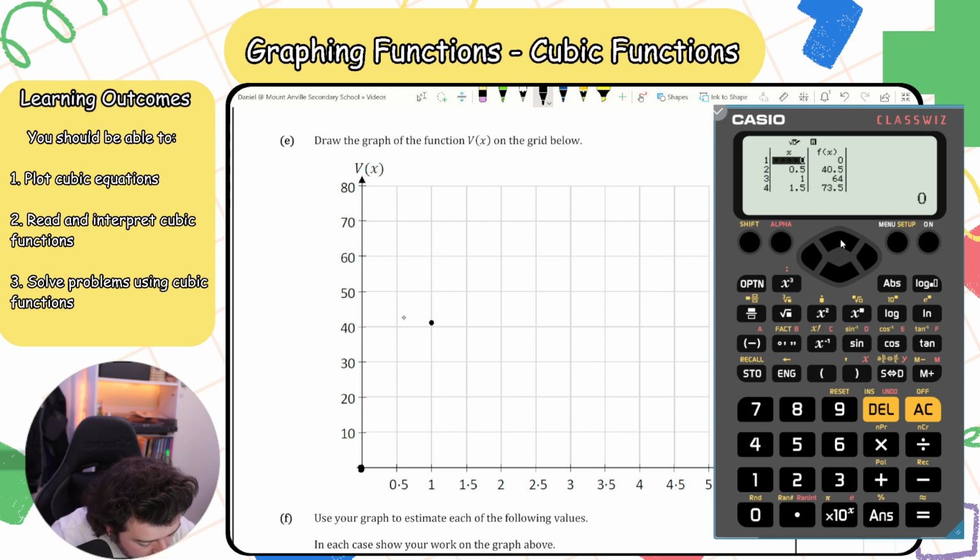So remember, 40.5 is between 40 and 41, not halfway between 40 and 50.